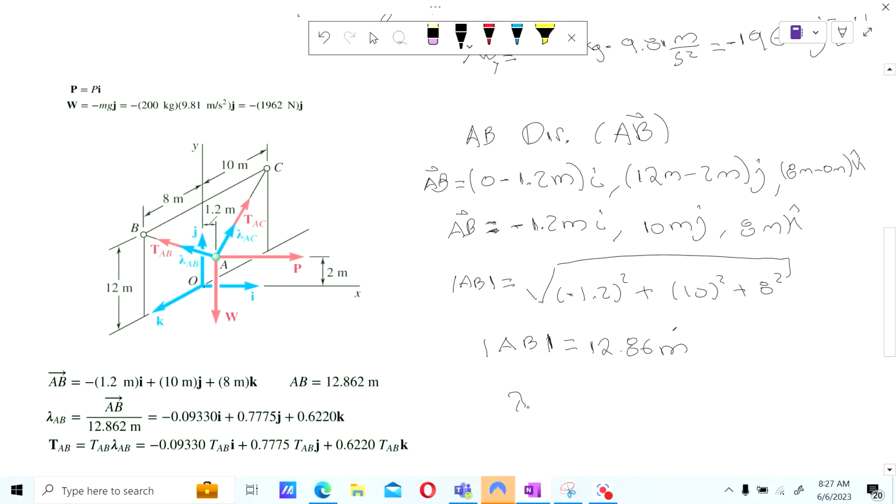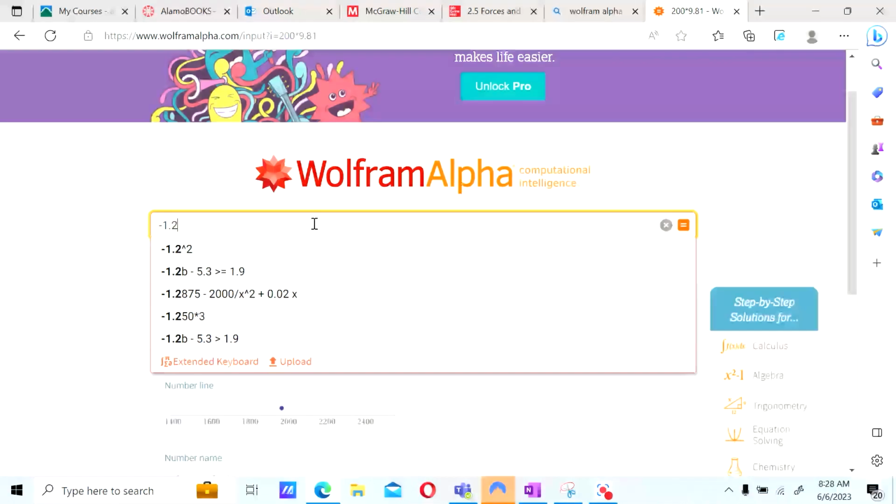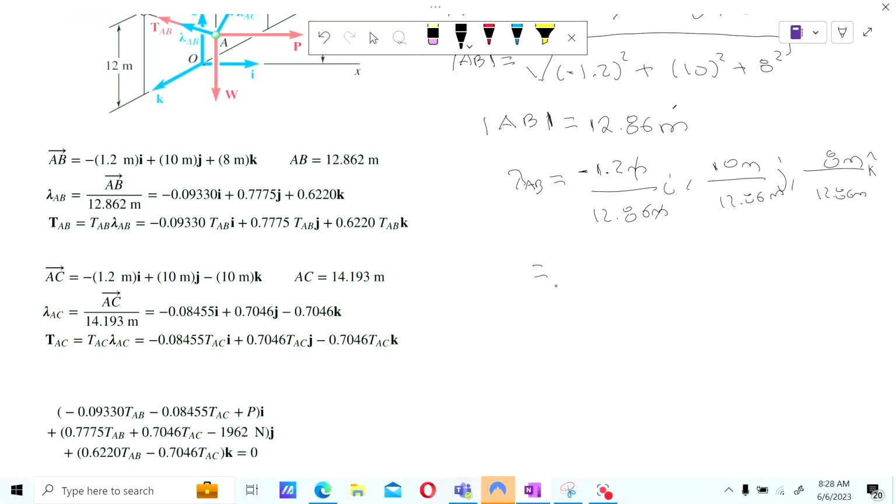Okay, so lambda for AB is equal to negative 1.2 meters divided by 12.86 meters in I. You can see how the units are going to cancel out, comma, 10 meters over 12.86 meters in J, comma, 8 meters divided by 12.86 meters in K. And that gives us negative 1.2 divided by 12.86, which is 0.093, so 0.093 I, comma.